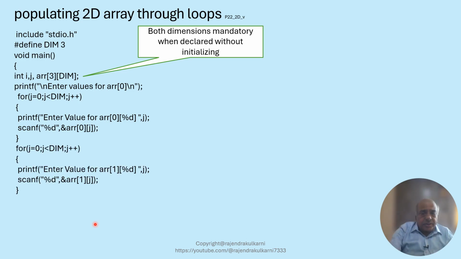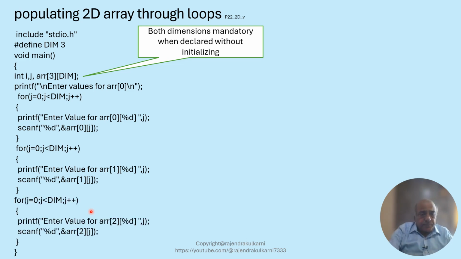Similarly, the second element of the 2D array, which is another 1D array, has its elements populated by using the printf and scanf statements, and this ampersand ARR1 with subscript 0 will assign the values entered from the keyboard to the elements of the 1D array, which is the element number 1 of the 2D array.